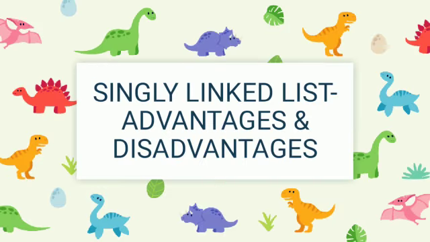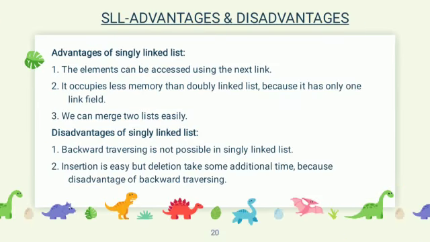Finally we see the advantages and disadvantages of a singly linked list. First we see the advantages. First one, the elements can be accessed by using the next link. Here we are using only one link, that is the forward link. By using the forward link, we can access any element easily.